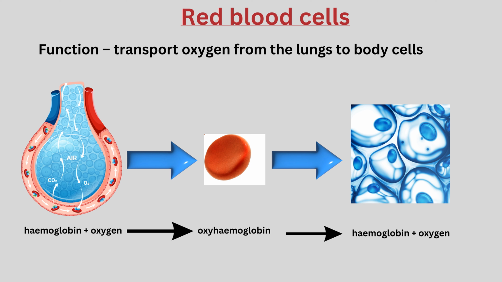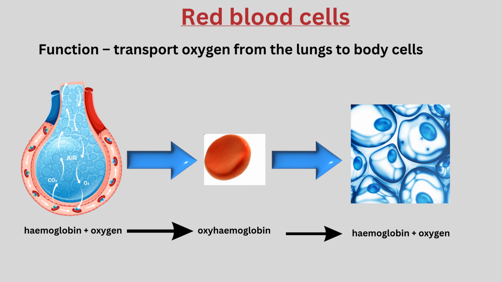Next subheading, red blood cells. The function of the red blood cell is to transport oxygen from the lungs to the body cells. So when your blood reaches the alveoli of the lungs, you'll have oxygen moving into the blood, and the oxygen will find the hemoglobin that is found in your red blood cell and bind to it. And that is how oxyhemoglobin is produced.